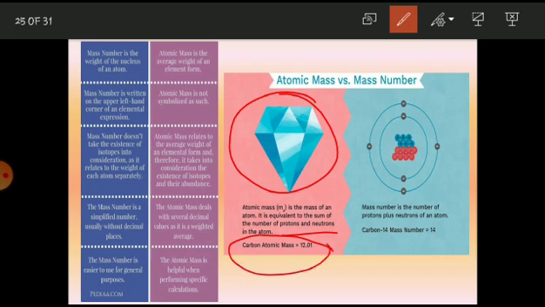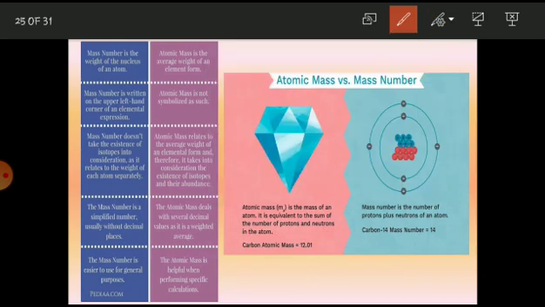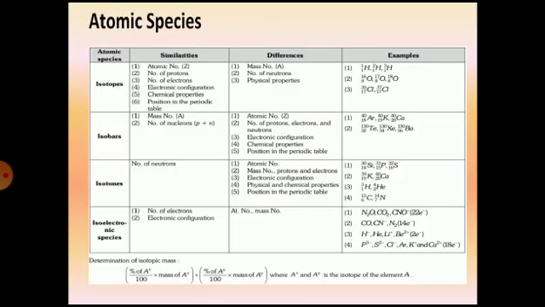It is atomic mass. Whereas here, the mass number is the number of protons plus neutrons of an atom. So carbon 14 has mass number also 14. So here we are having 7 protons and 7 neutrons. Therefore its mass number is 14.